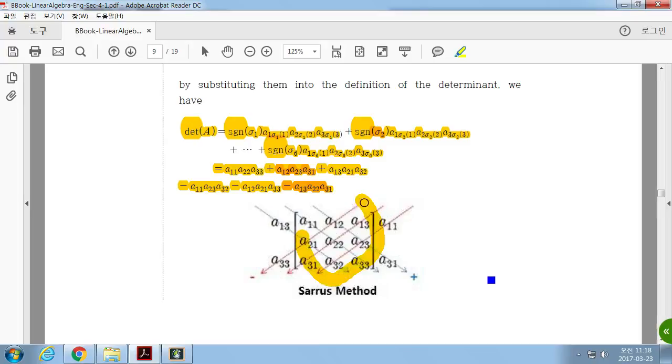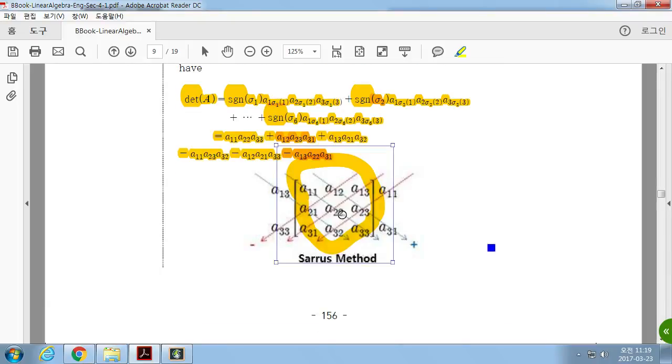If we have a 3 by 3 matrix like this, then we add the first and second columns to the right, or rather, the first row and the second row. Then you will see A11, A22, A33 plus A12, A23, A31, and A13, A21, A32.